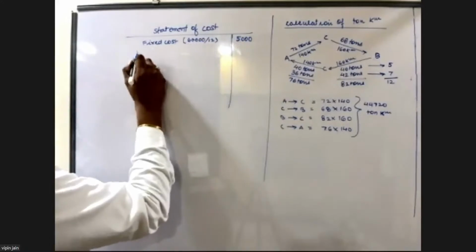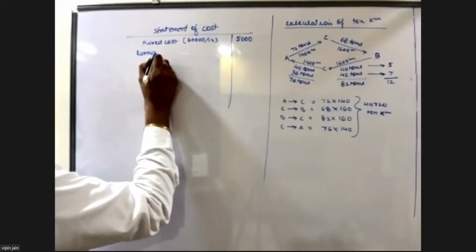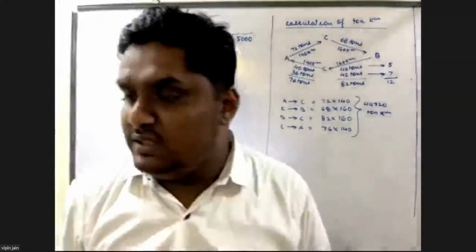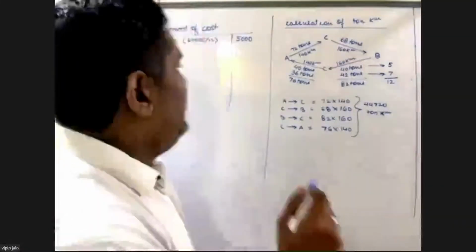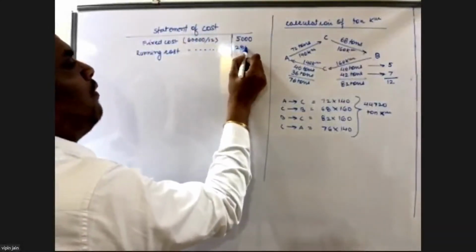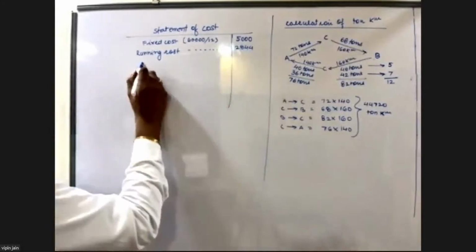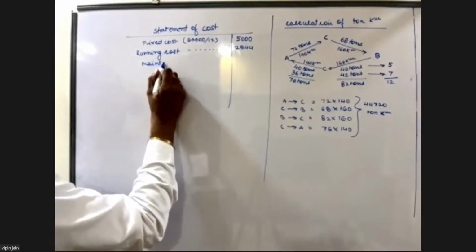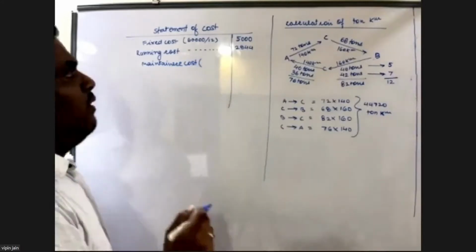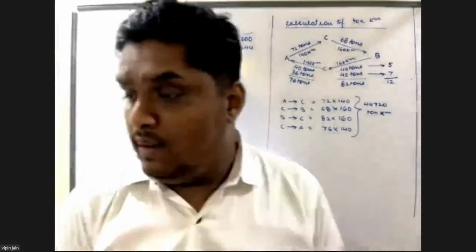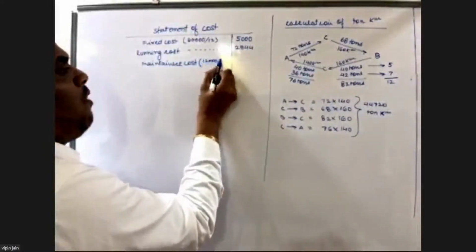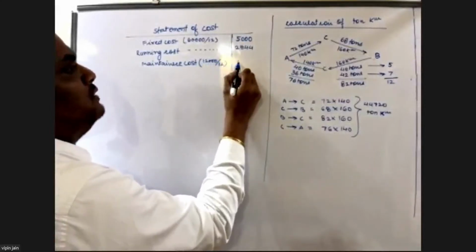Next is running cost. The running cost is given in the question, that is 2,944. Then last is maintenance cost, 12,000, so this will be 1,000.